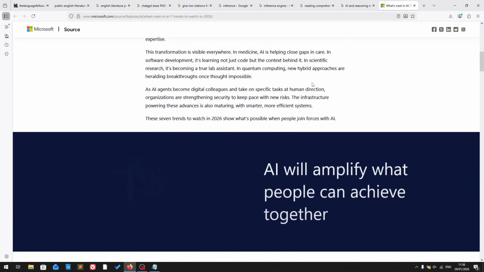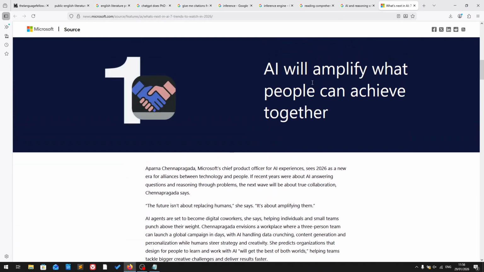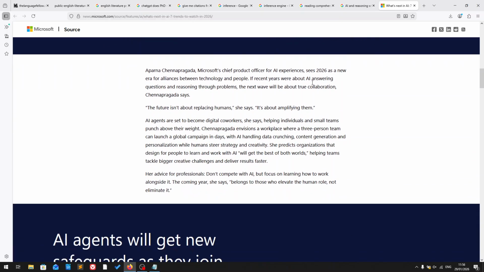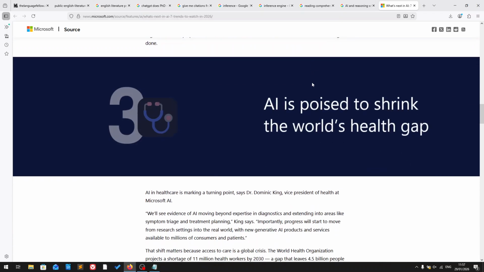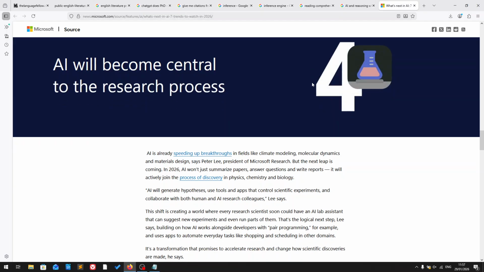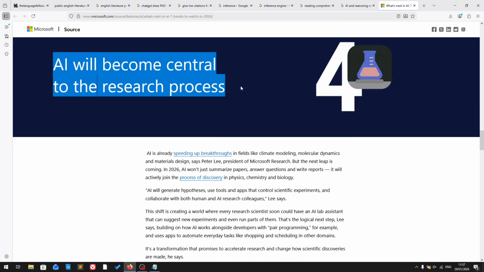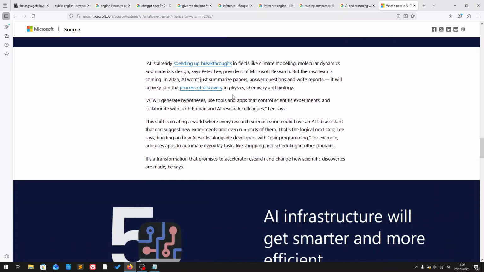Okay. AI will amplify what people can achieve together. We'll get new safeguards, join the workforce, poised to shrink the world's health gap, central to the research process. You can see that. AI will become central to the research process, already speeding up breakthroughs in fields like climate modeling, molecular dynamics, and materials design.